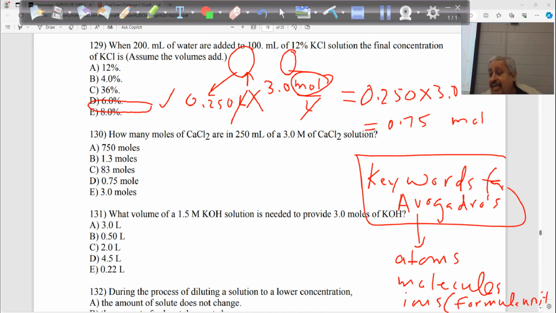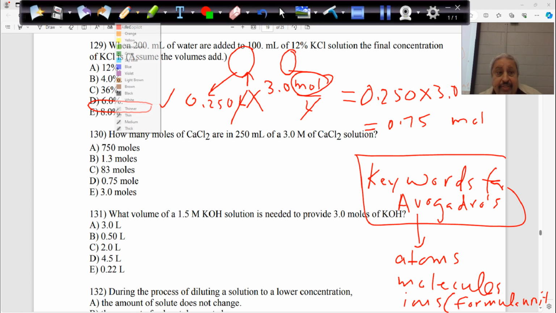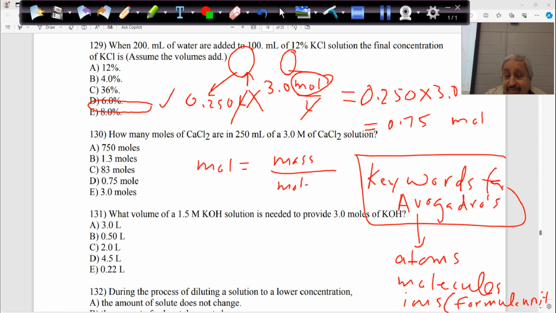I have to use Avogadro's. Otherwise, the calculation of the mole is just the normal thing, because the mole is defined. Does somebody still remember the mole? One mole is the ratio of mass over molar mass, correct?